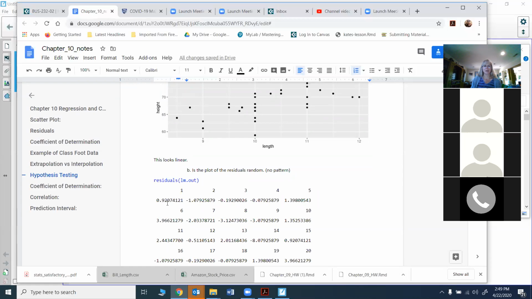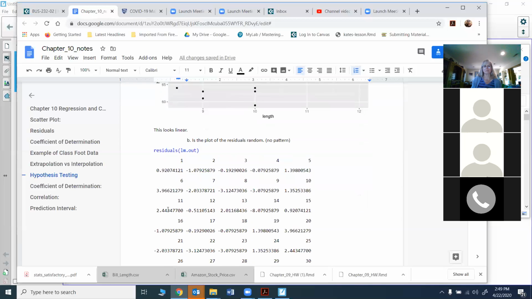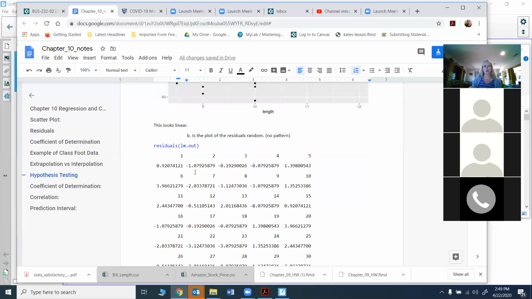This is just telling you how different what we measured was from what the model predicts. So what we measured and what we modeled was off by 0.9. The negative means the measured value was below the model. Positive means the measured value is above the model.